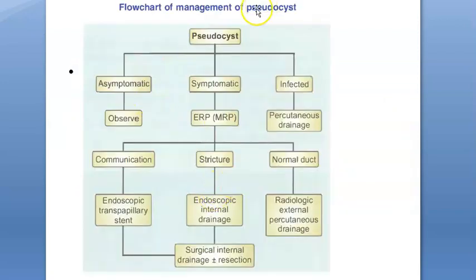So here they are showing the flow chart. What are they doing here? If it's asymptomatic, just observe it. If it is symptomatic, then you do an ERP, that is endoscopic retrograde pancreatography, or magnetic resonance pancreatography, and then you check if it is a normal duct or a stricture or a communication.